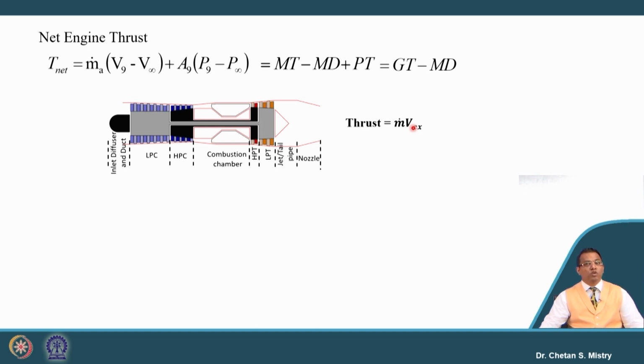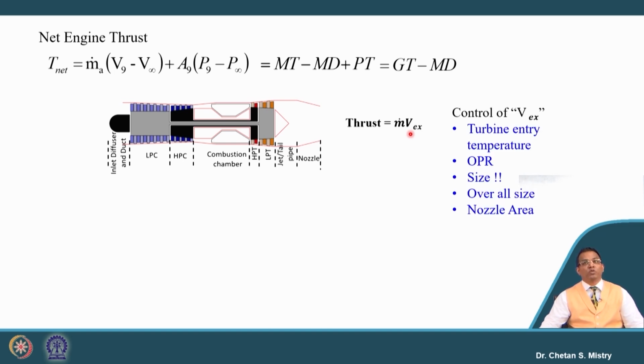Now suppose I want to increase my thrust. There are two ways to increase this thrust: either increase the exhaust velocity, or increase the mass flow rate. Regarding the exhaust velocity, we have explored this using our turbojet engine.